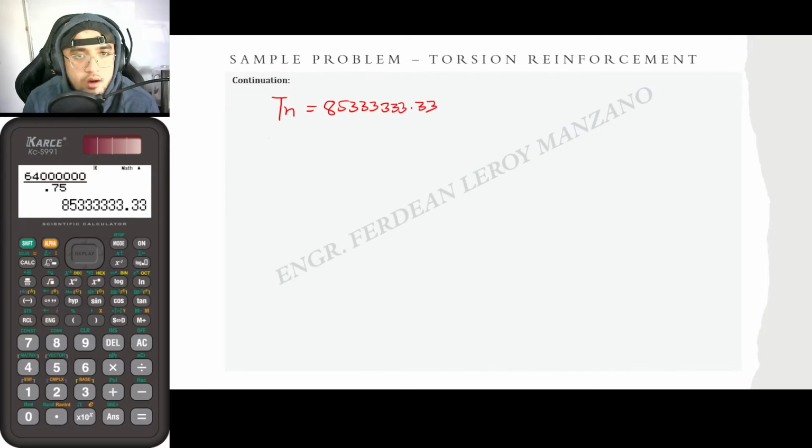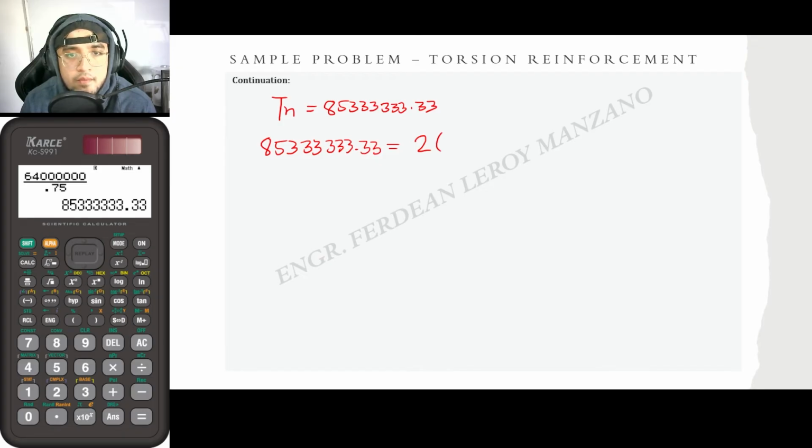This is equal to twice At, and At is equal to pi over 4 times 12 squared, the area of one leg, times A0, and A0 is 85% of A0h.